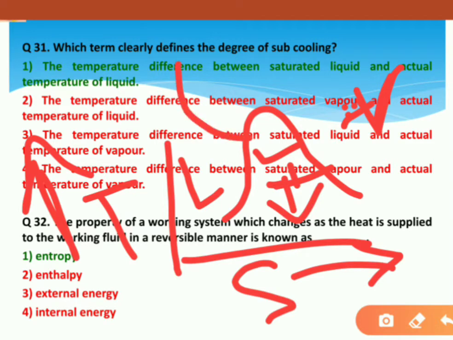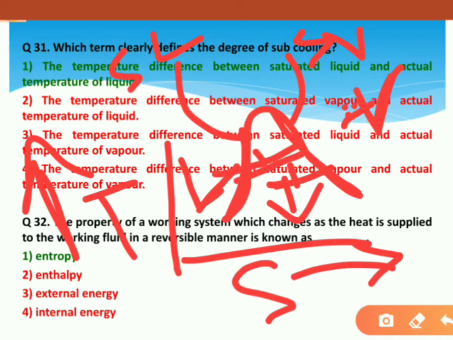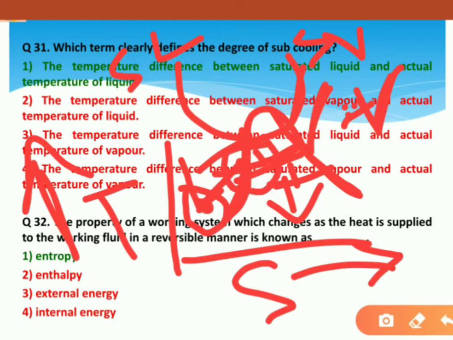That line is the saturated vapor line and that line is the saturated liquid line, and those are the constant pressure lines. Say a point in the liquid phase on the constant pressure line here, and another point on the saturated liquid line here.